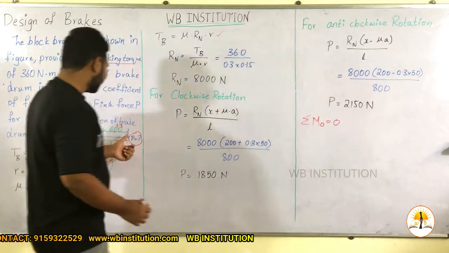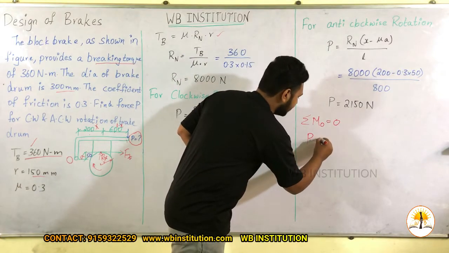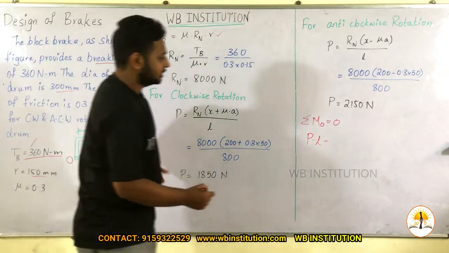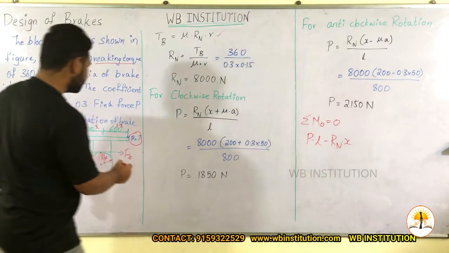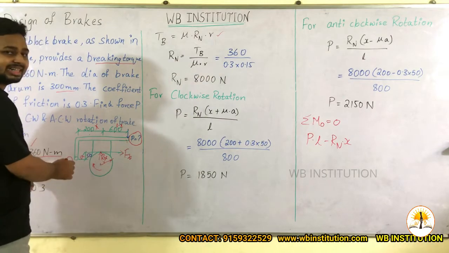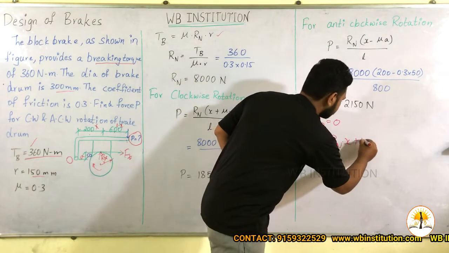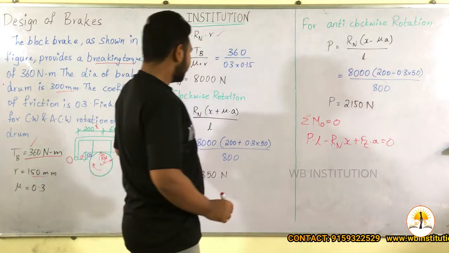So what are the forces exerted? P into L, minus Rn into x, and the frictional force is acting in a clockwise direction, so plus Ft into A equal to 0.